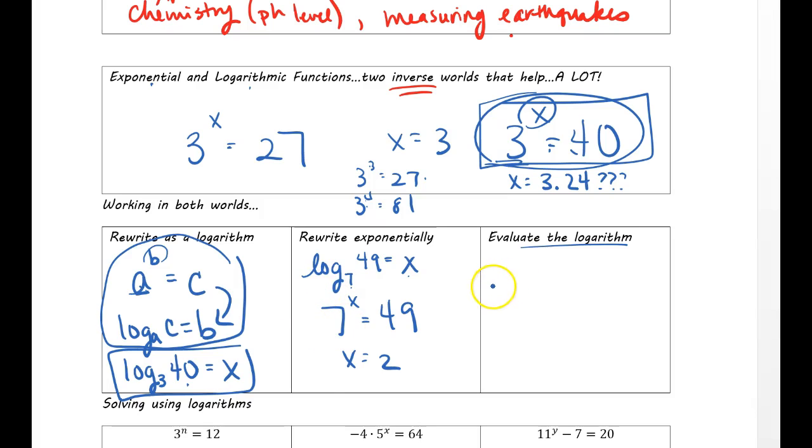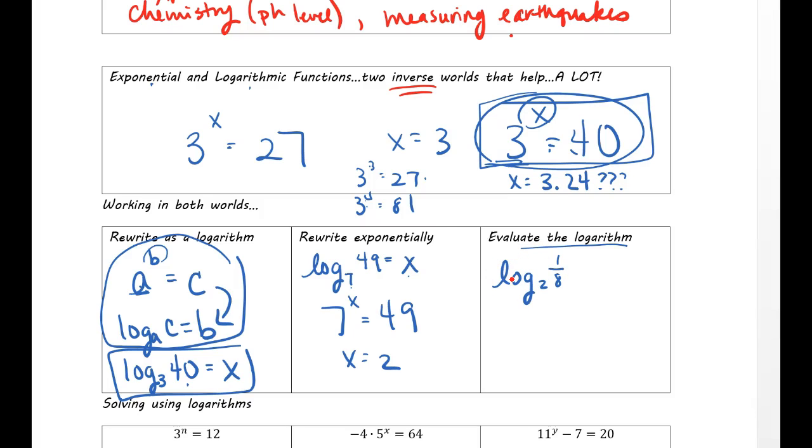So you may see something like this: log base 2 of 8. This may be an evaluate the log question, and somebody's just going to say, hey, without a calculator, figure that out.